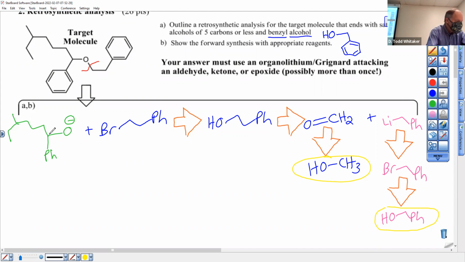Here's benzene with its extra carbon. Sounds like benzyl to me. It sounds like it's a good idea to make this bond. I know how to make that bond. And I'll be going with a different retro arrow here. This time we'll go light pink.